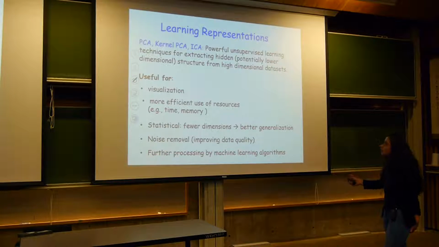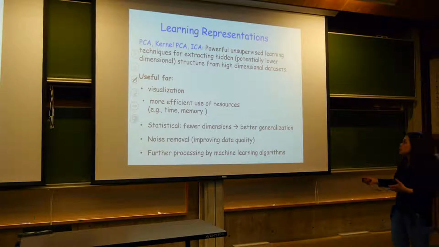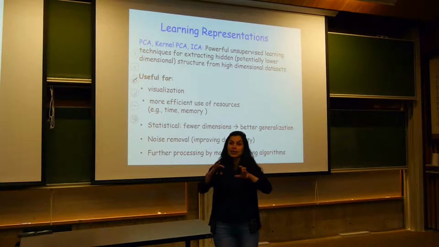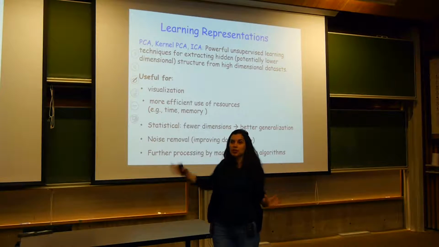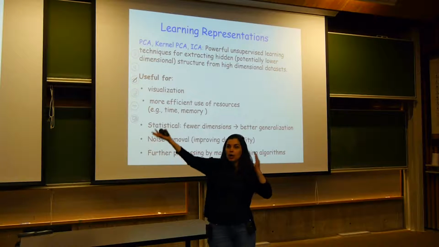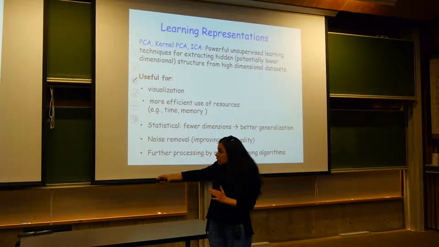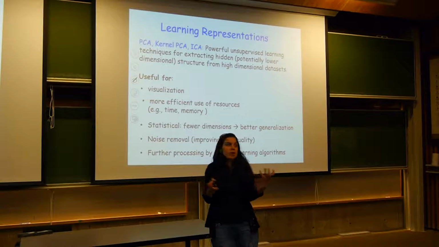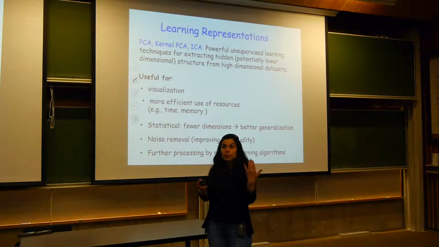And another reason is that sometimes when we apply some of these techniques, we eliminate noise. Because the data might be living in a low dimensional manifold, a linear subspace, but up to some noise. And maybe after we do this dimensionality reduction or representation learning, we get rid of that noise. So everything becomes nicer.